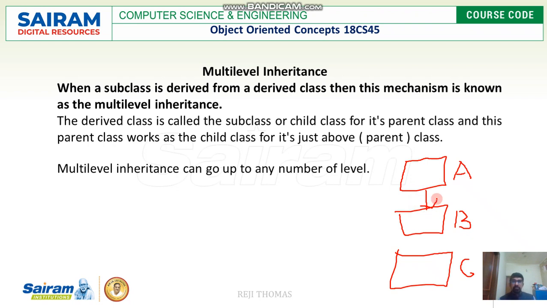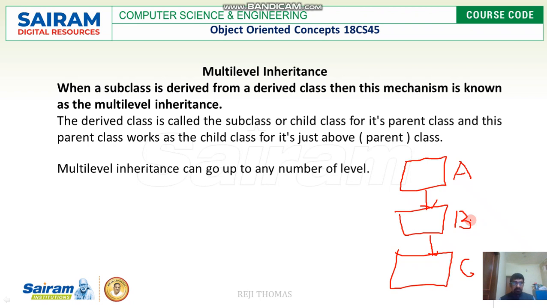Class A is the superclass for class B, and class B is the subclass of class A. Am I right? Now I'll write class C extends B. When I write this, C is going to be the subclass and B is going to be the superclass.